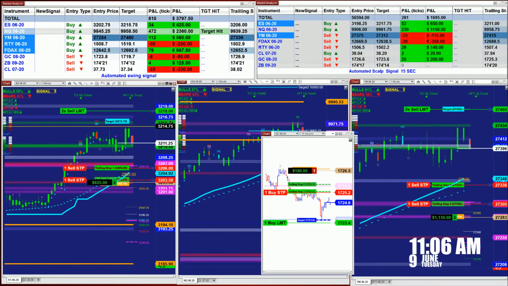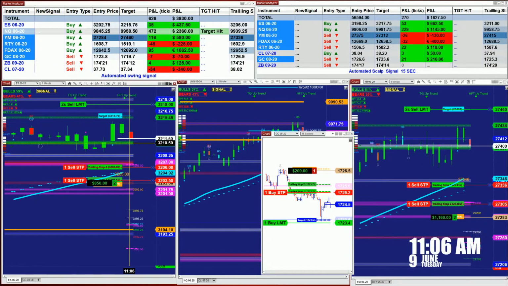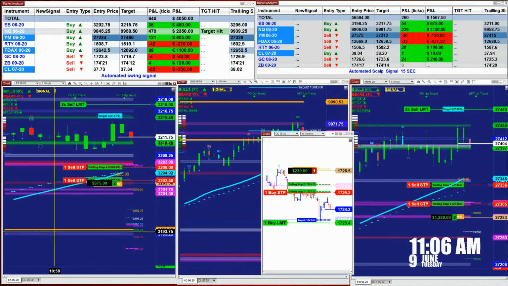So if we measure tick by tick with the ES, look at this. The ES wick is right in line on the wick. Look at this, on the double support projection, to the tick. No joke here, to the tick.